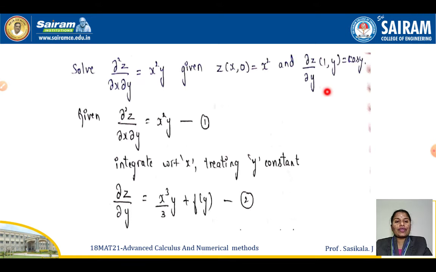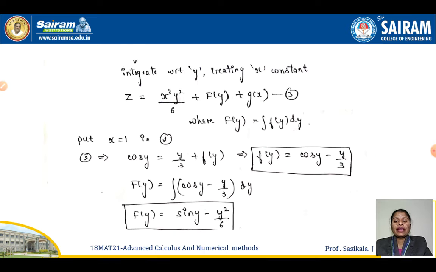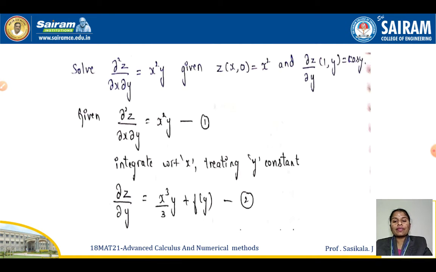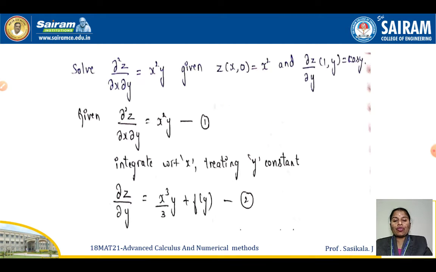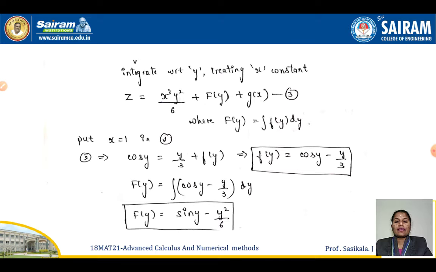Okay, the first condition, and the second condition I am going to replace in equation number 2 when x is equal to 1. In equation number 2, ∂z/∂y is replaced by cos y. So cos y is equal to x³/3 into y, where x³ will be 1, so I get y/3 plus f(y). So f(y) is equal to cos y minus y/3.